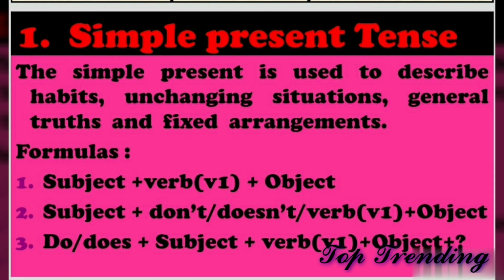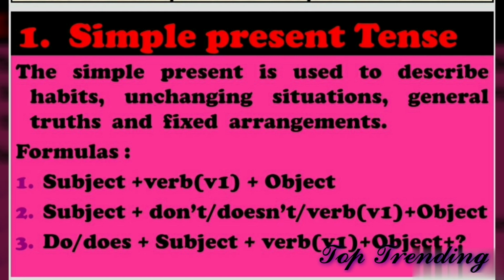First one, if the sentence is in affirmative form, means in positive form, then the related formula is subject plus V1, V1 means verb 1, plus object.